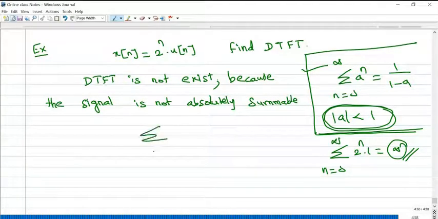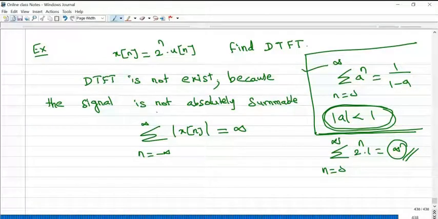That means summation minus infinite to infinite, your value equals infinite. Okay, in this example, not absolutely summable. Absolutely summable means we must get a finite value. So you have to be careful while writing the answer.